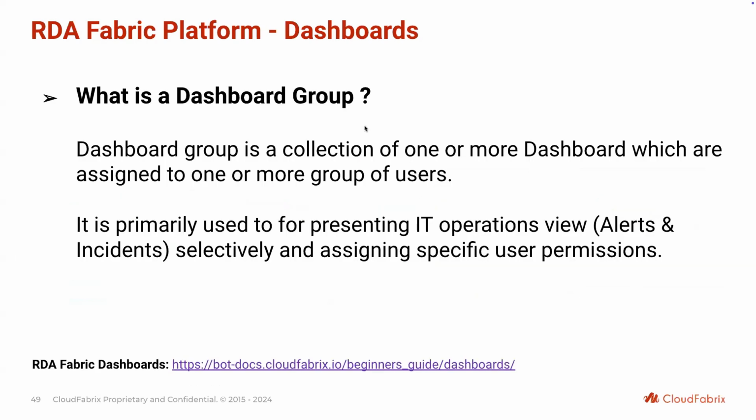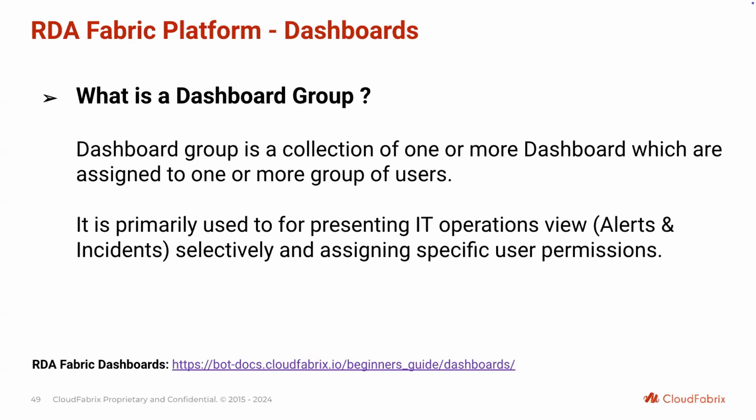Within the dashboards feature, what is a dashboard group? A dashboard group is a way of grouping one or more dashboards and assigning that object, the group of dashboards, to the end users.